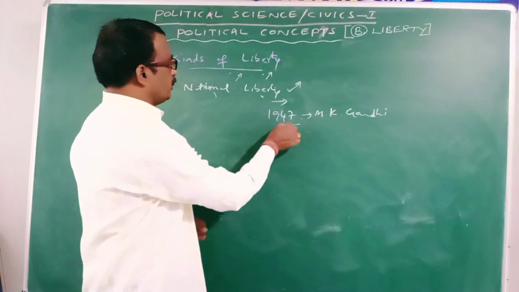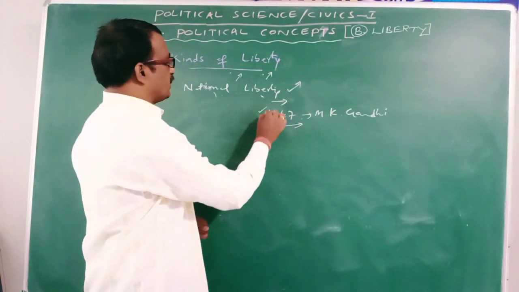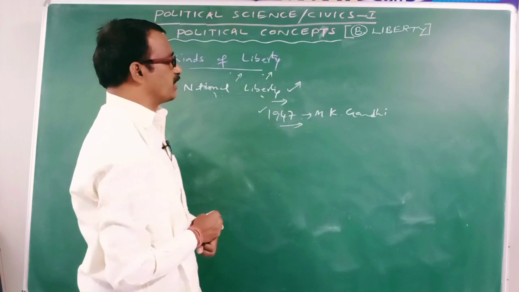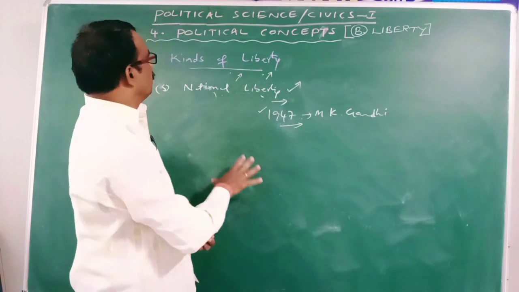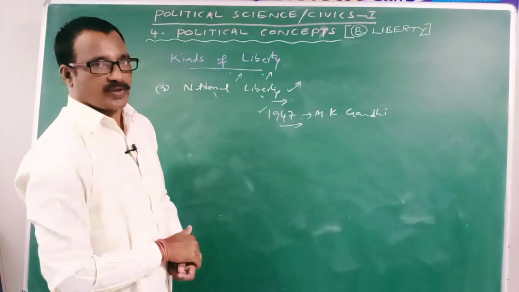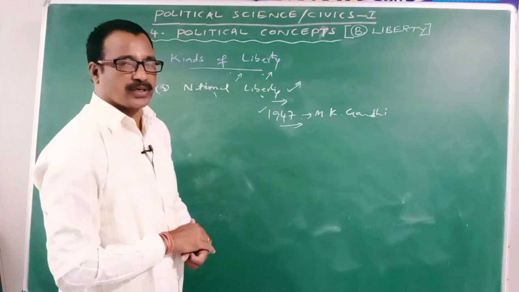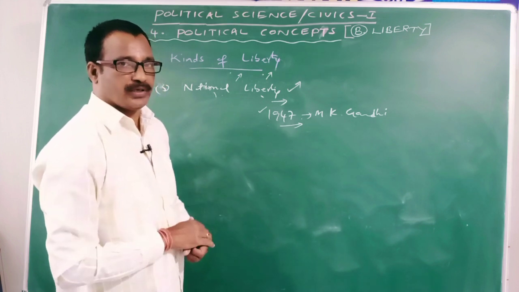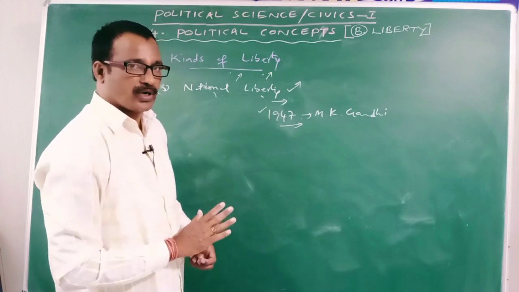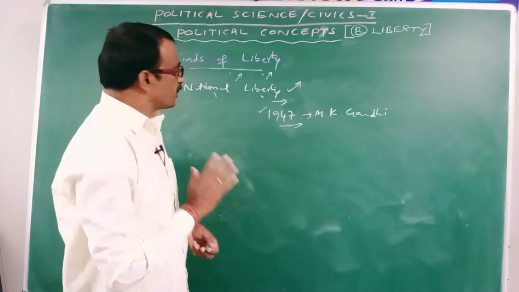Clear? So these are the kinds of liberty. How many kinds of liberty? Five kinds of liberty. Natural liberty, civil liberty, political liberty, economic liberty, and national liberty.